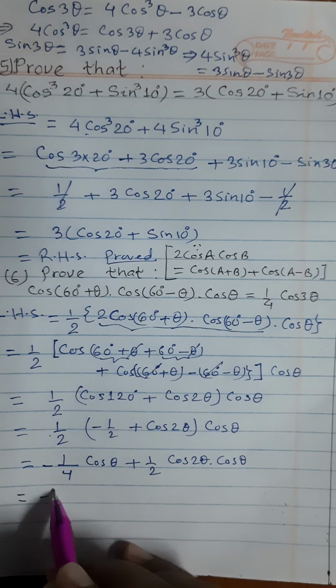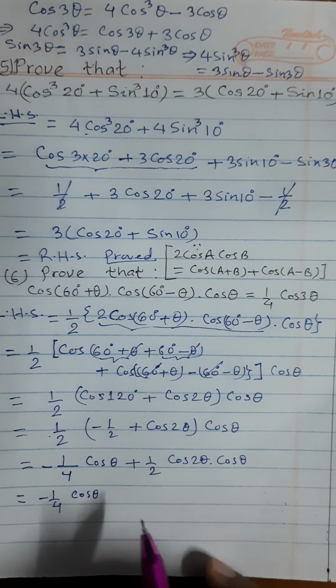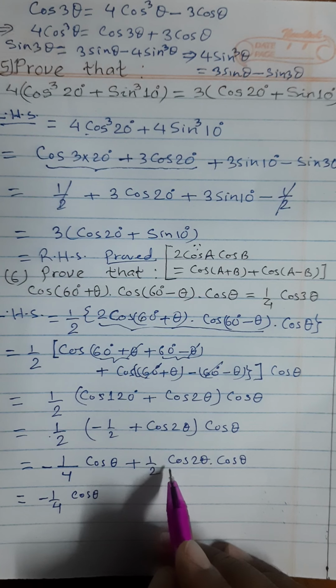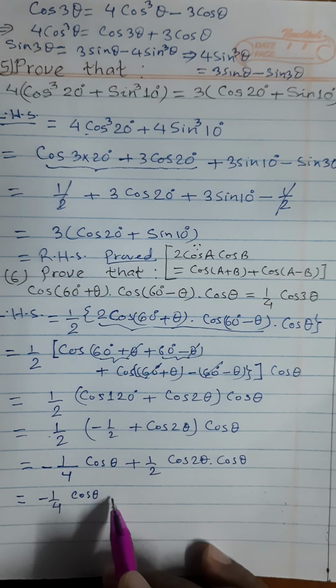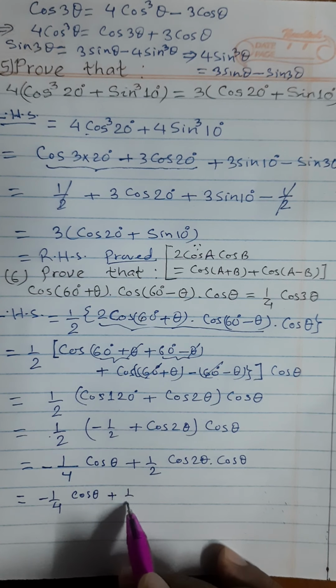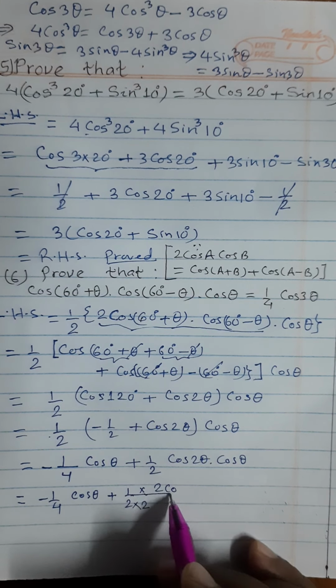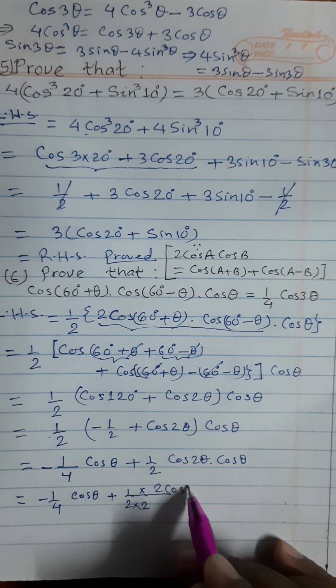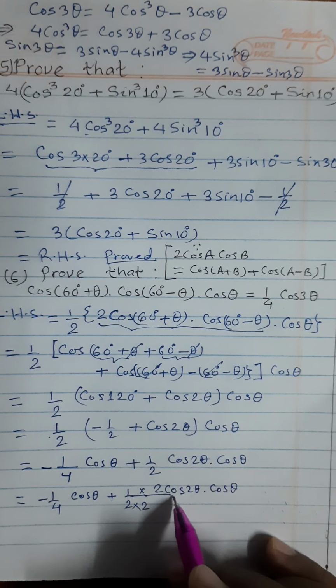So now minus 1 over 4 cos theta, and here we can multiply numerator and denominator by 2. So it becomes 1 over 2 times 2, and here will be 2 cos 2 theta times cos theta.